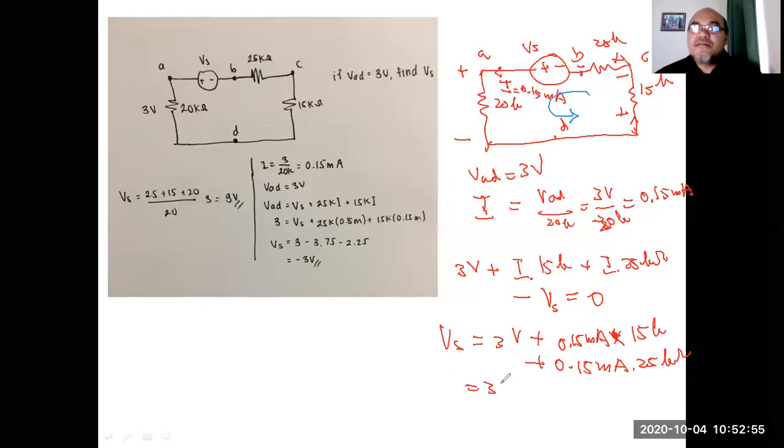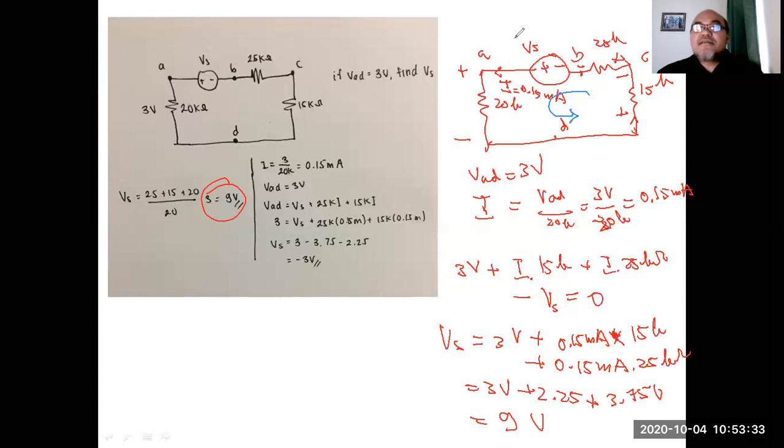So this equals 3 volt plus 2.25 volt, plus 3.75 volt. Here we obtain Vs equal to 9 volt, which is the same result as when we calculate using the voltage divider formula. So please be careful when using the passive sign convention.